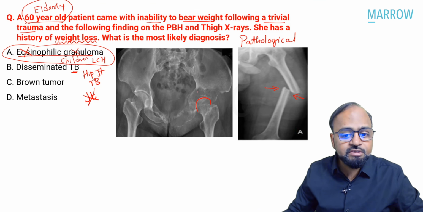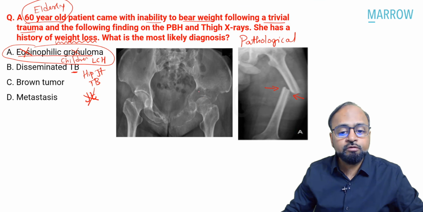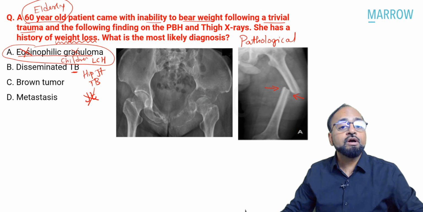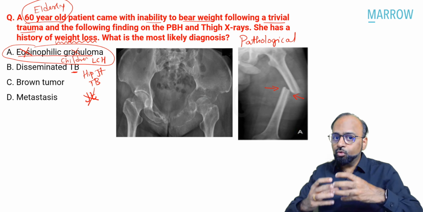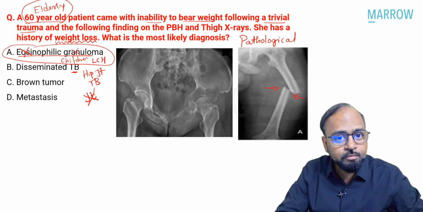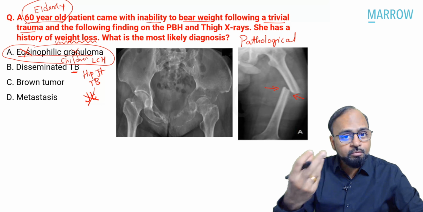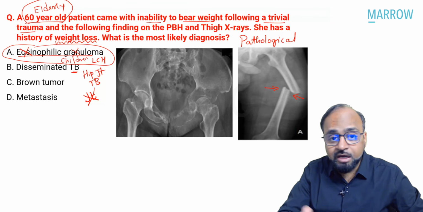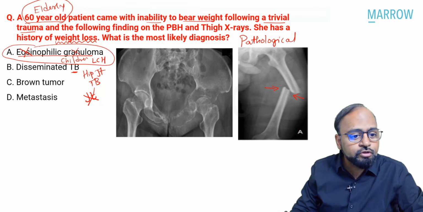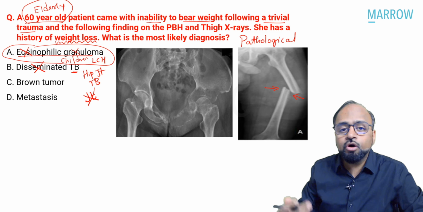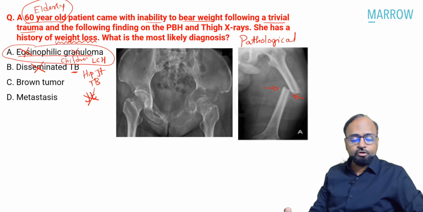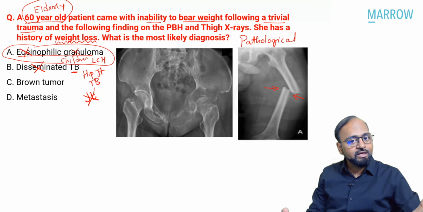But in this image in the exam, the femoral articular surface was completely normal. So the joint orientation was abnormal, predominantly because of the focal bony destruction of the acetabulum. Otherwise, the joint was not involved, and therefore the possibility of disseminated TB or tuberculosis of the hip joint is also unlikely here.